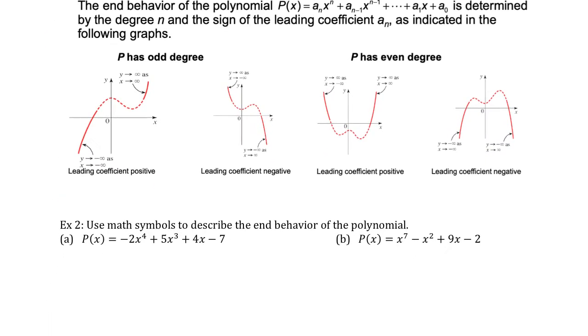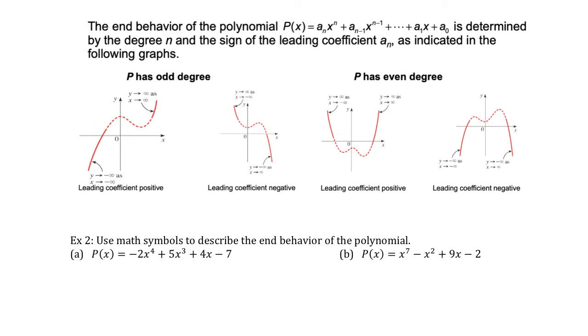And then we were looking at this for y equals x cubed, that idea that one side is going down while the other side is going up. So we use this notation: y goes towards infinity, so it's positive as our x's are also positive.